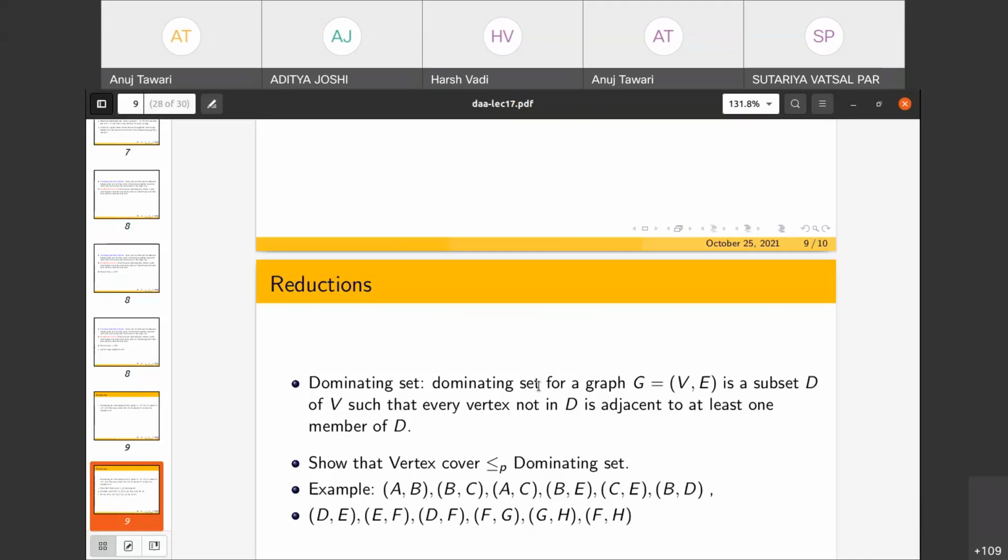So what's the dominating set for this particular graph? You could pick A, B, E, F, and G. If I pick A, B, E, F, and G, then that is a dominating set.